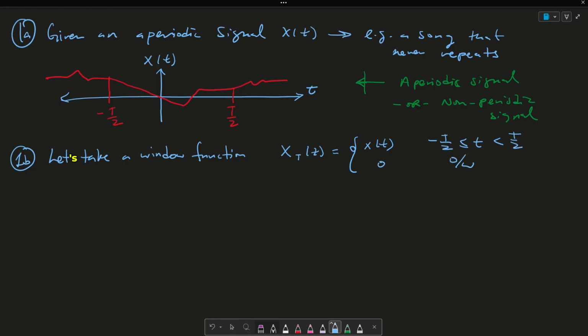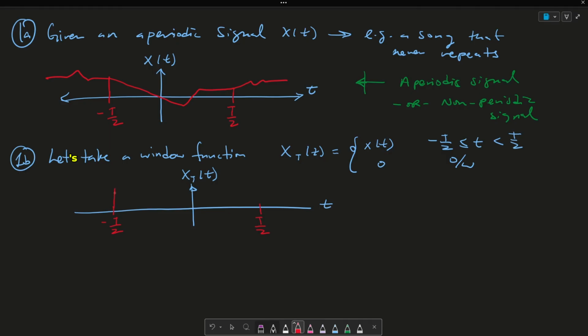So what does that look like? So what I can say is that x of capital T of t with respect to t, I can say then that let's take from minus t over 2 to t over 2.